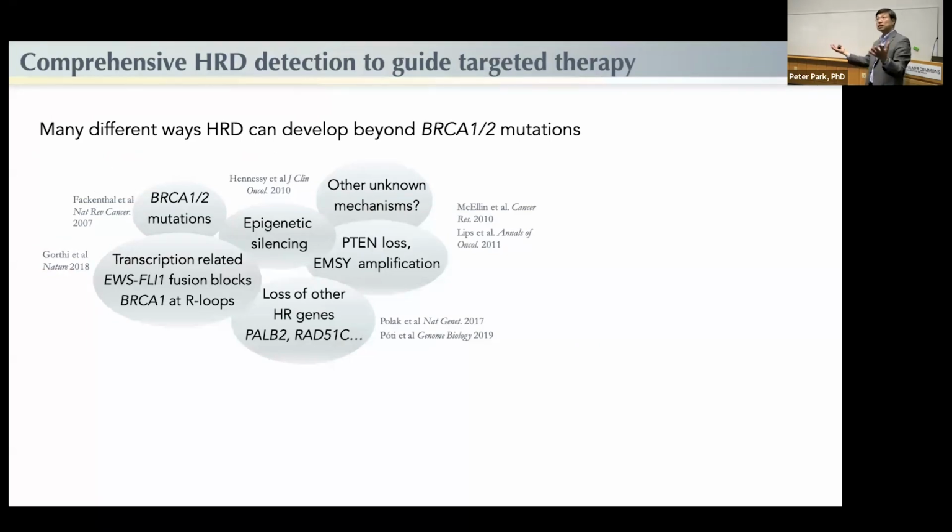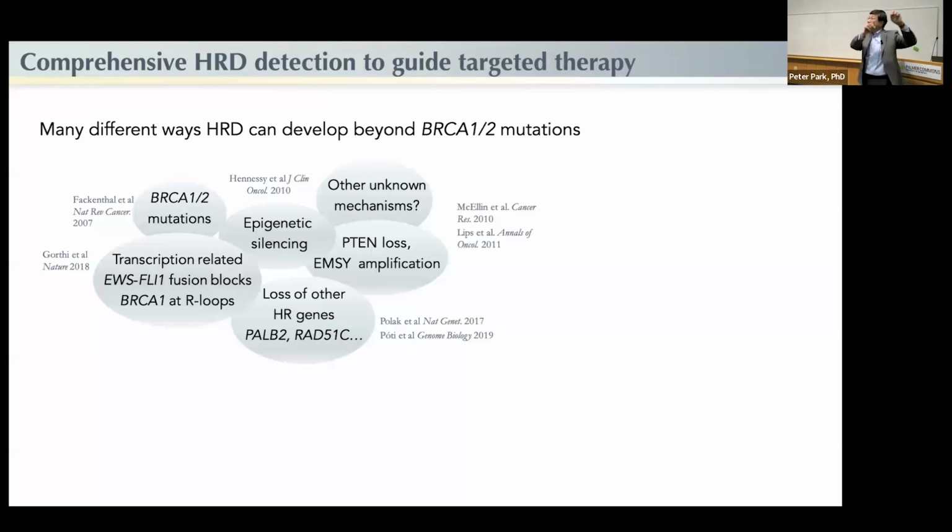You could have a methylation of BRCA1. So unless you have a separate assay for that, it may not have a point mutation, right? So it turns out that there are a lot of cancer genomes that do not have the mutations in the well-known homologous recombination pathway that still have HRD. And those are the cases that we want to identify.